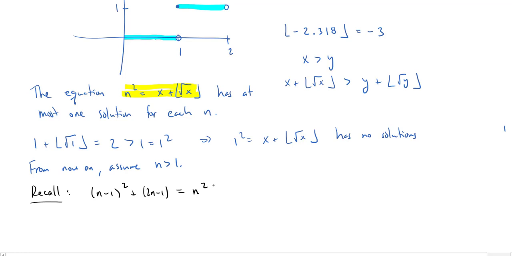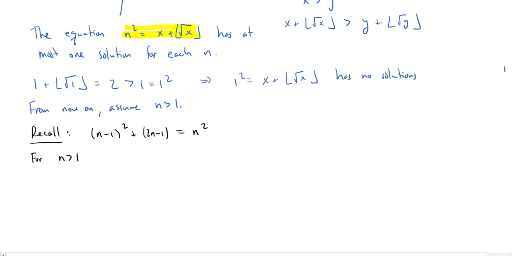Okay, so what this tells us is that for n greater than 1, well, actually, first let's write down something which should be very obvious. When n is at least 1, n minus 1 is positive, and n minus 1 will be strictly less than 2 times n minus 1, because they differ by n minus 1.